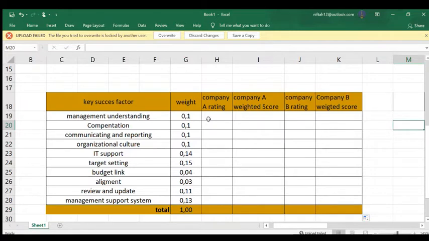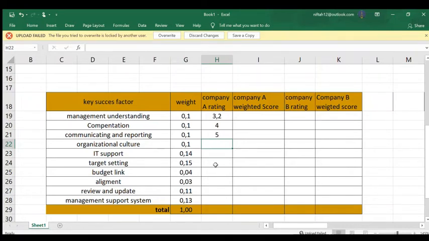Next, give them the rating. It's just an example. The rating of company A and company B shows how good company A or company B is at, for example, management understanding. Give them the rating like this. How good in compensation, 4, 5, and the rating is from 1.0 to 5.0.